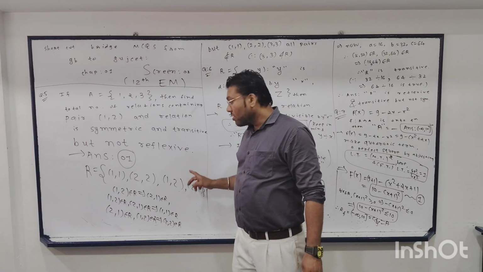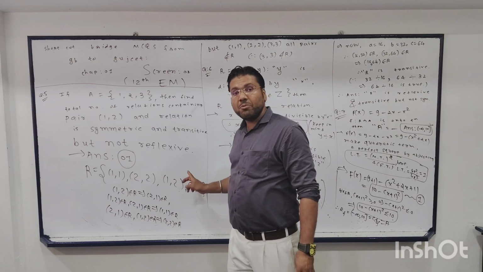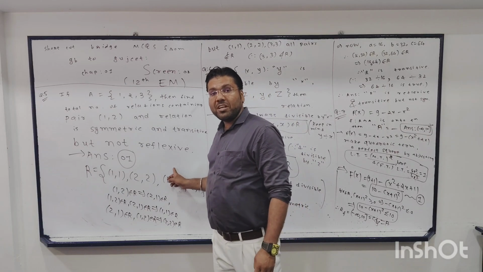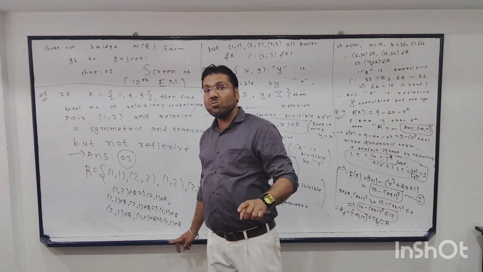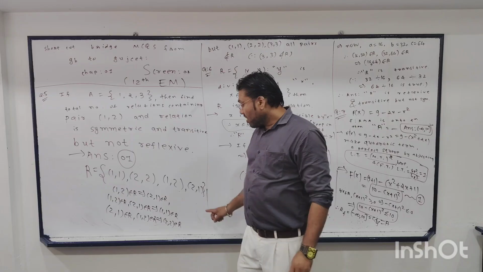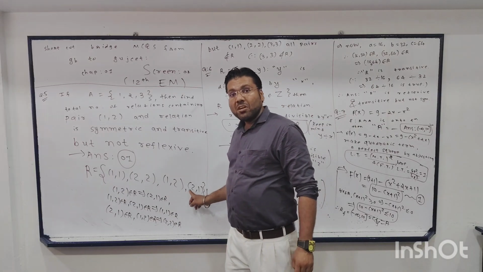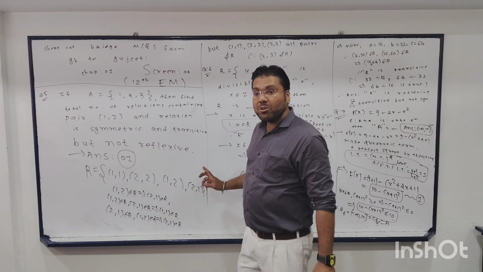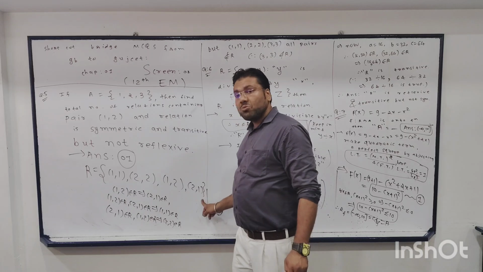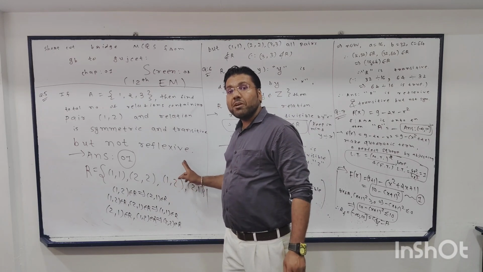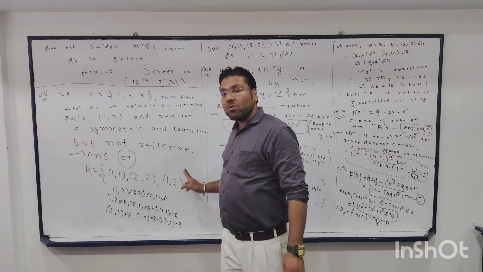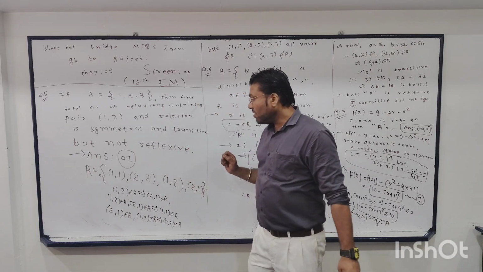In forward and reverse, (1, 2) belongs to the relation, (2, 1) belongs to the relation, then (1, 1) also belongs. If you start from a equal to 2, b equal to 1, then (2, 1) and (1, 2) belong, and (2, 2) must be part of the relation.